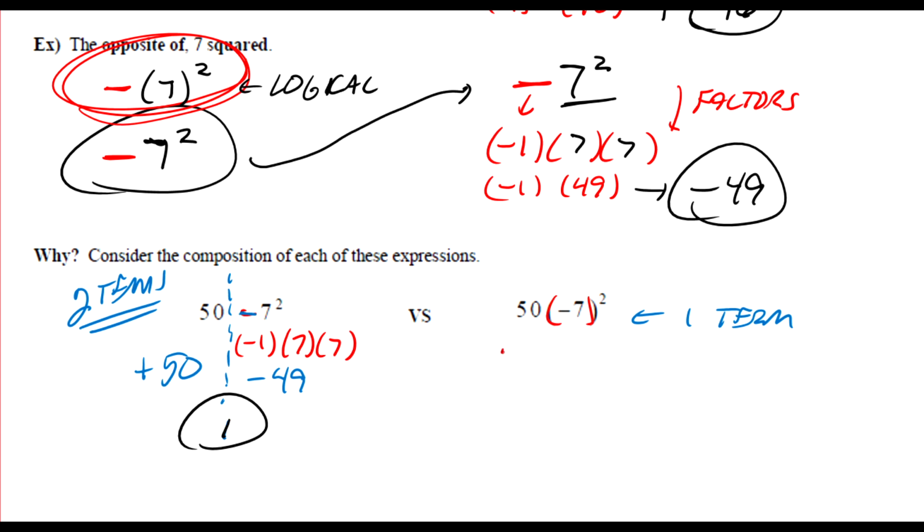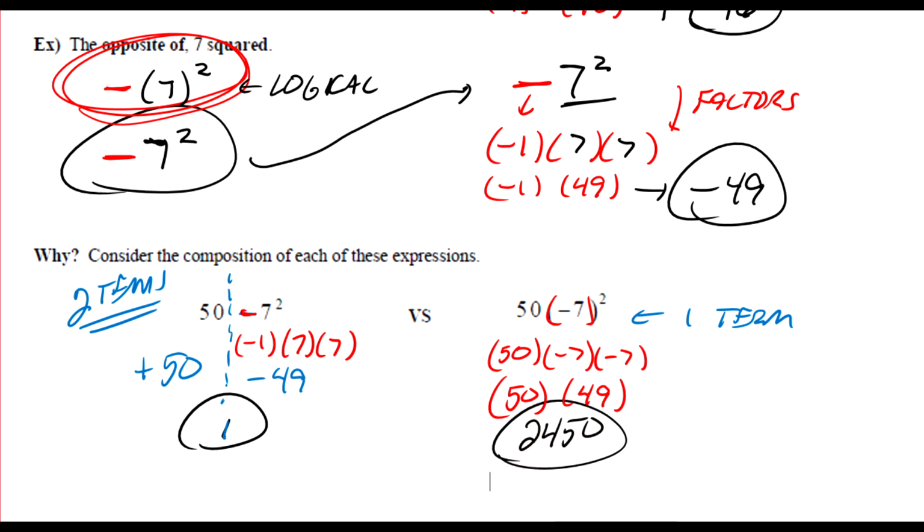So if it's one term, it just has separate factors. And this would be a factor of 50 times a factor of 49. And 50 times 49 is 2,450.